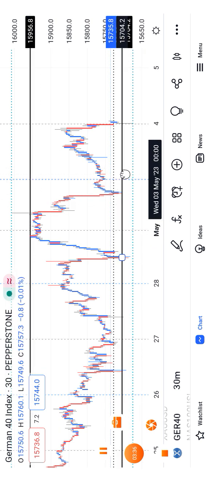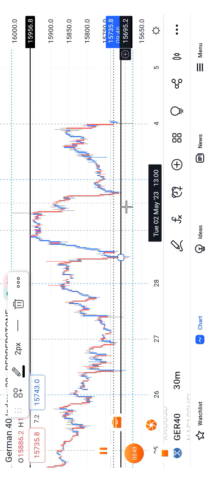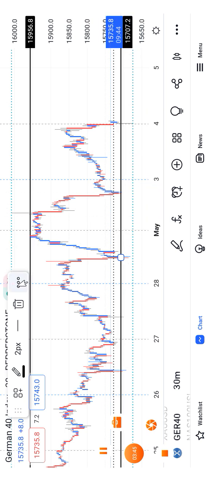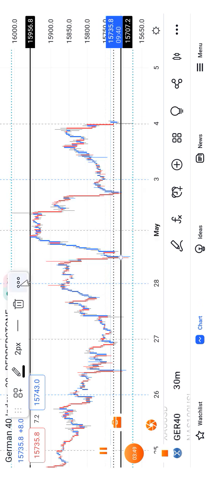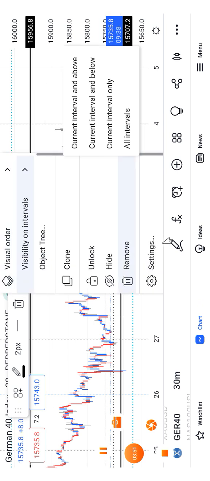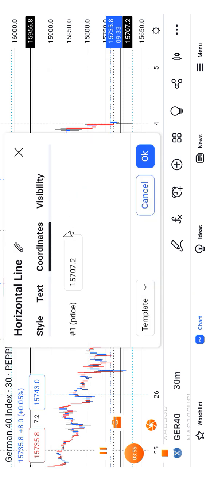I'm going to lock this because I don't want them to move, and then I'm going to edit the price. You understand? I'm going to edit the price of this line.